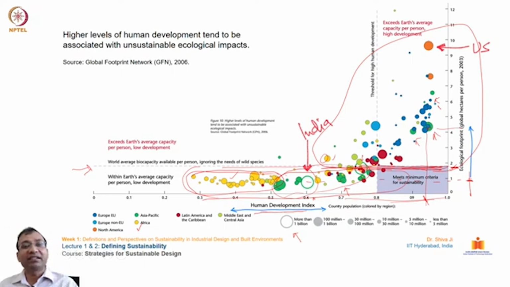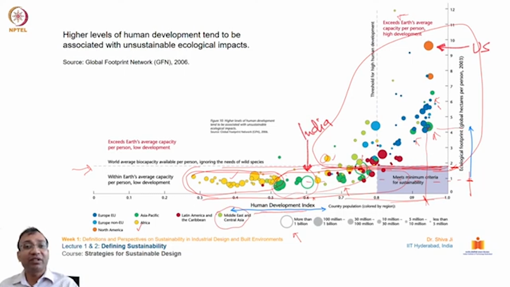These are mostly the countries who are contributing to the imbalance of this planet, topped by the United States of America. Well, there is one small country also here, right here, which is light green, which belongs to this group, Middle East and Central Asia.